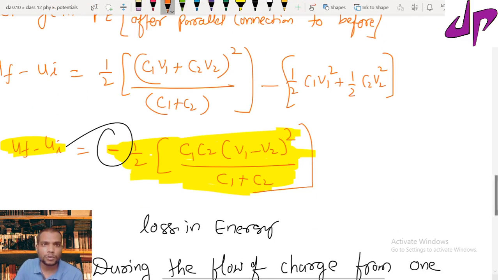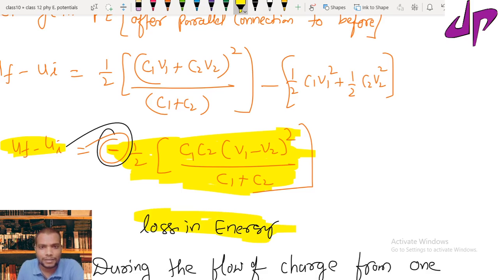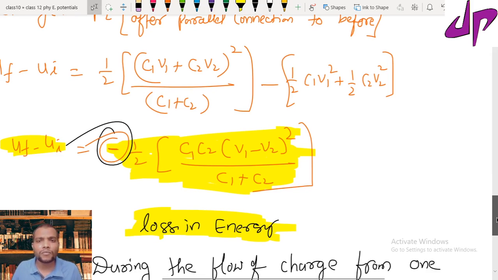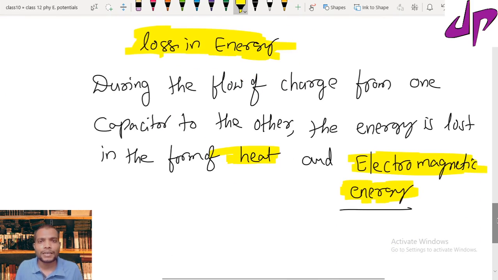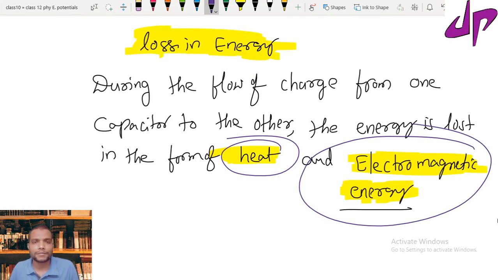That loss in potential energy we got in terms of the minus. Since energy is a conserved quantity, if it is lost after connecting in parallel, where would it go? The energy is dissipated in the form of heat and in the form of electromagnetic energy. And these model problems are very important. Those problems you can find in the problem session.